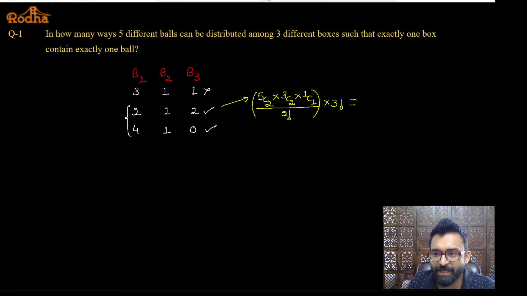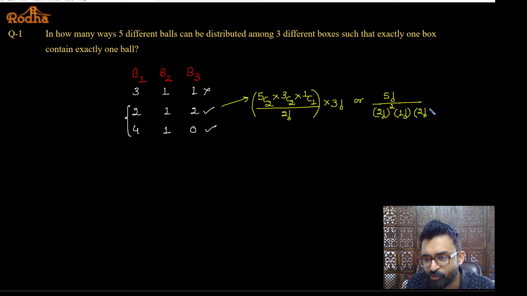Yes. There is another way of writing this: 5 factorial over 2 factorial square into 1 factorial. Do you agree with this? Yes or no? Fine. Now there are 2 groups which are of identical size, so divided by 2 factorial.